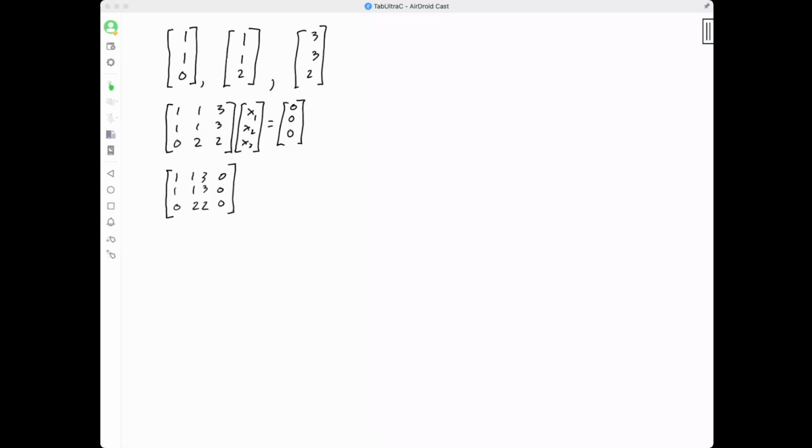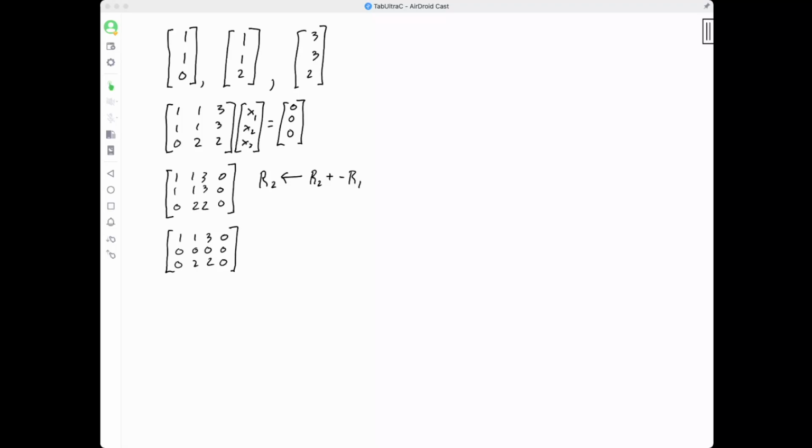So I've already got my leading coefficient in my first row, which is a 1. So I'm going to use that to clear out all the numbers below it in the first column. Row 2 becomes row 2 plus negative row 1, which gives me 1, 1, 3, 0, 0, 0, 0, 0, 0, 2, 2, 0.